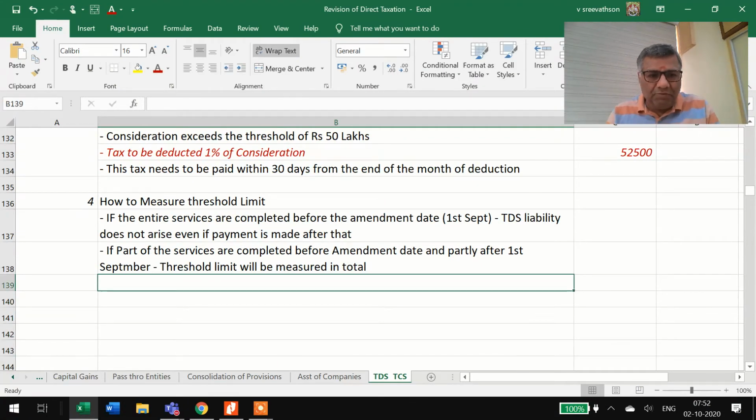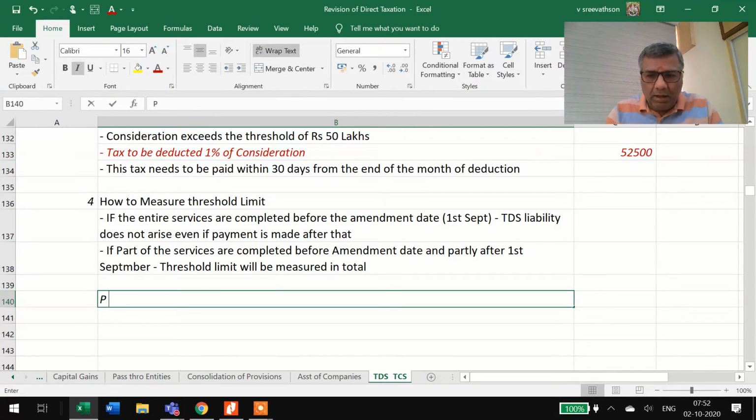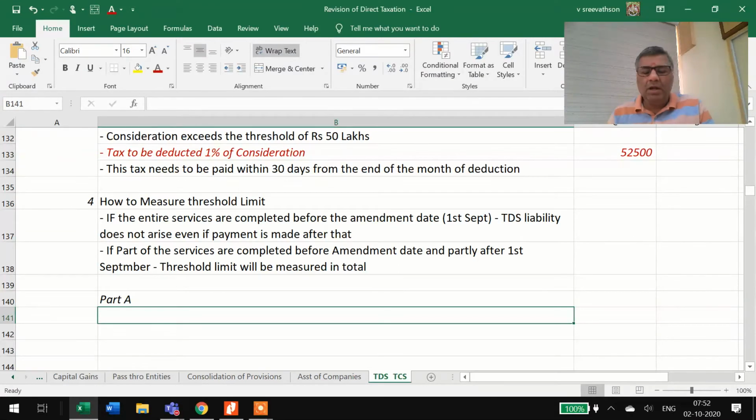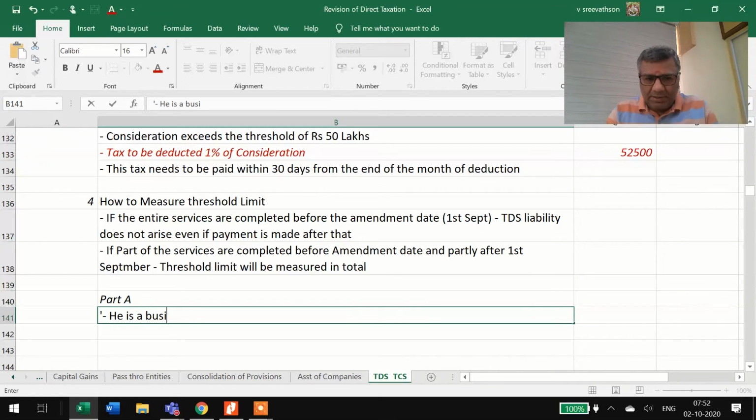Now, first one, part A. He is a businessman covered under 194C, 194H, 194G, whatever provisions are. 194J, sorry.